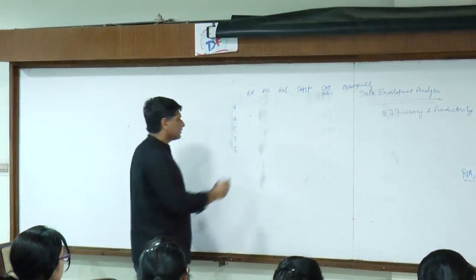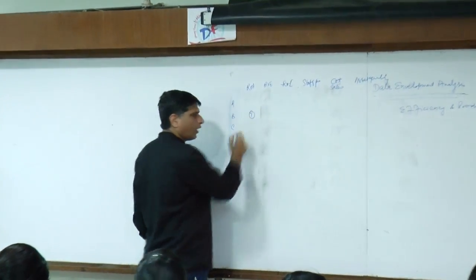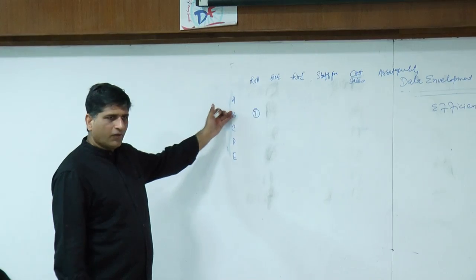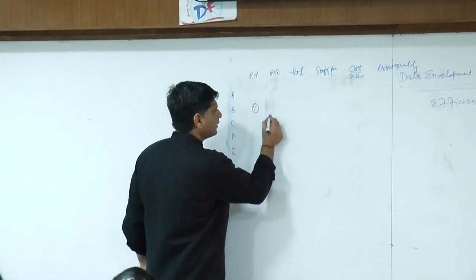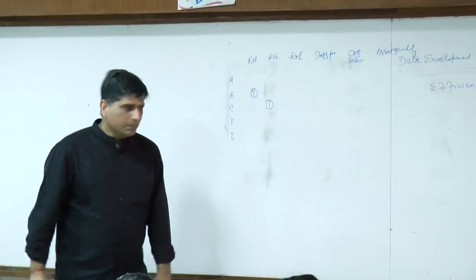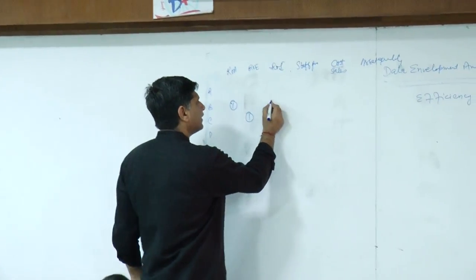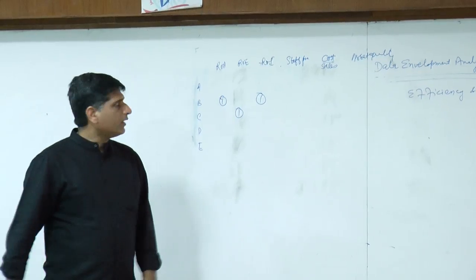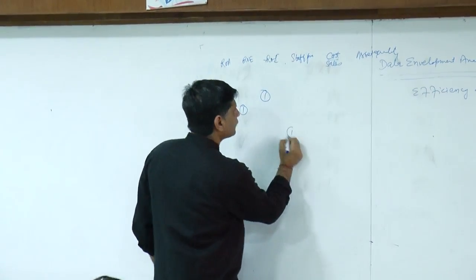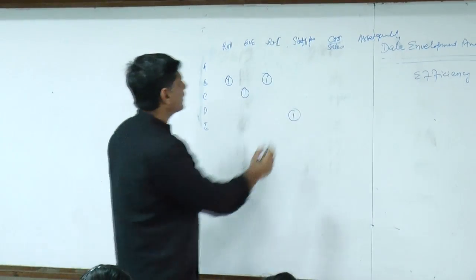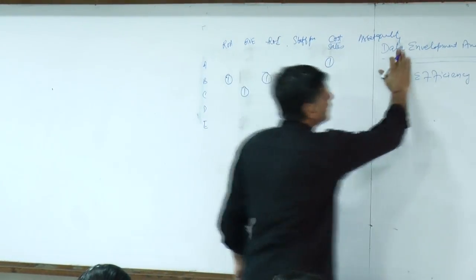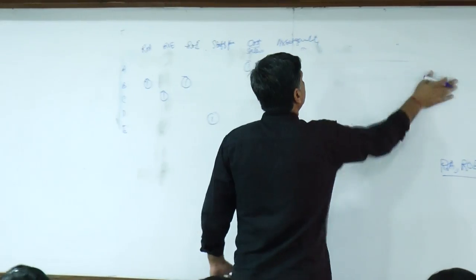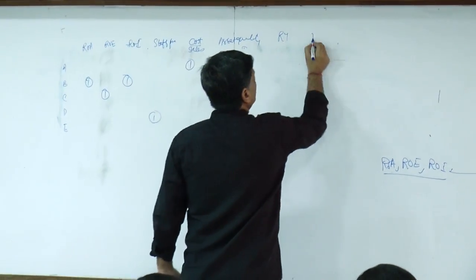I may find that firm A gets number 1 as far as ROE is concerned, firm B gets number 1 on another ratio, and so on. Let's suppose I have other ratios too, say ratio number 7, ratio number 8.